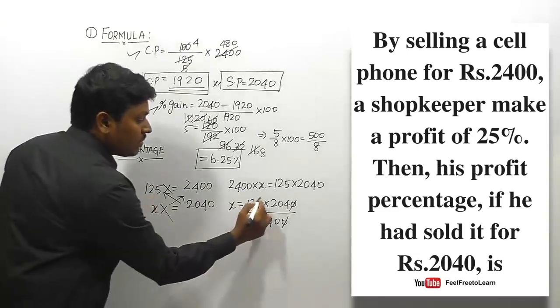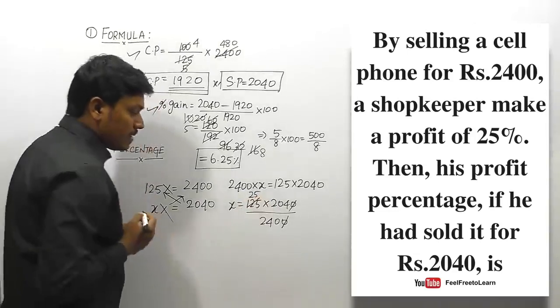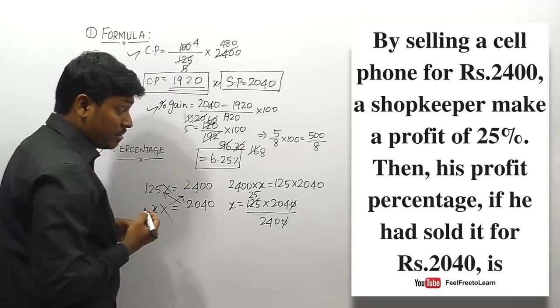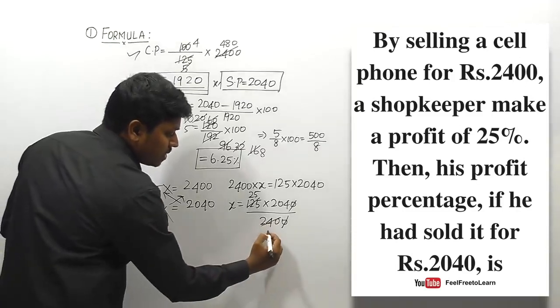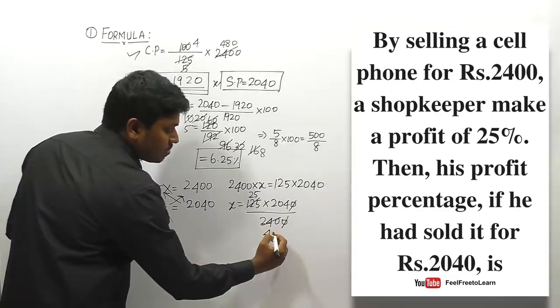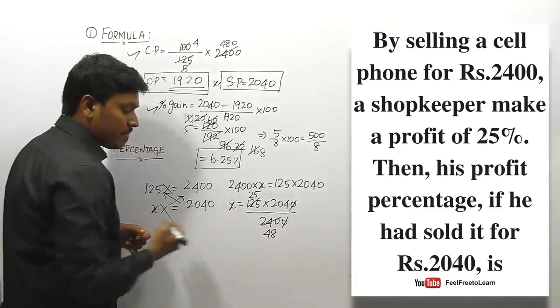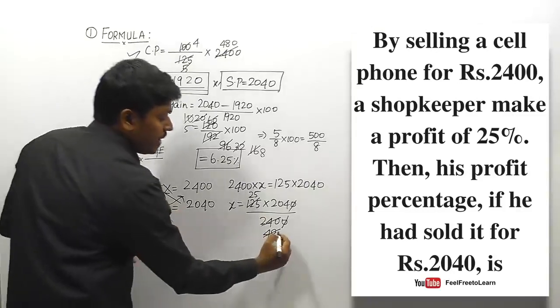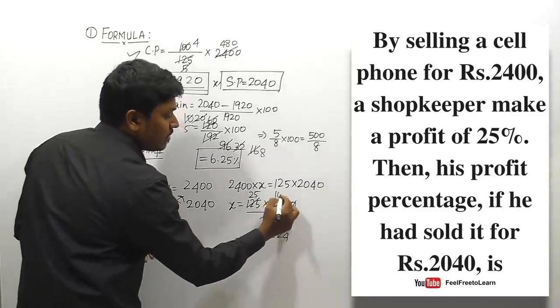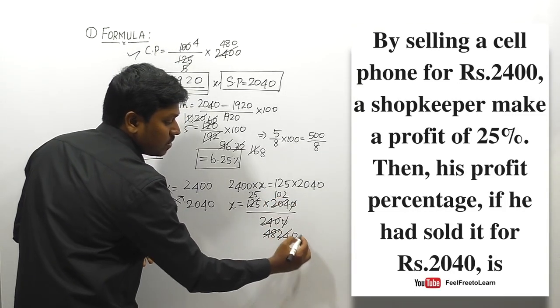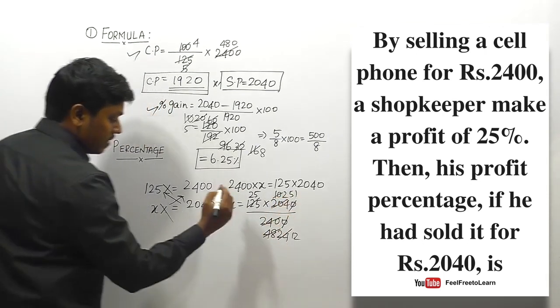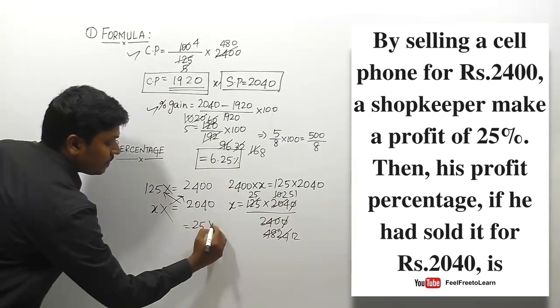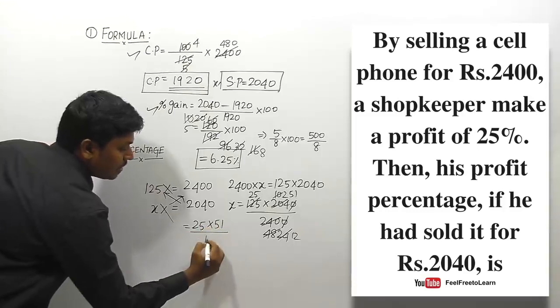When we cancel on 5 table, it will be 25. And 5 4s are 20, the remainder is 4, 8 5s are 40, so that will be 48. We can cancel this on 2 table, right? It will be 24. So when we cancel on 2 table, 2040 becomes 102, and again on 2 table, 24 becomes 12, and 102 becomes 51. So this can be taken as 25 into 51 divided by 12.